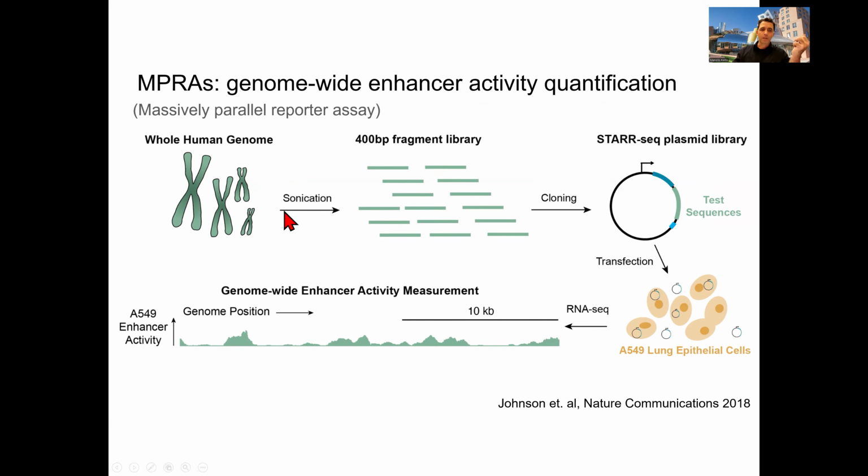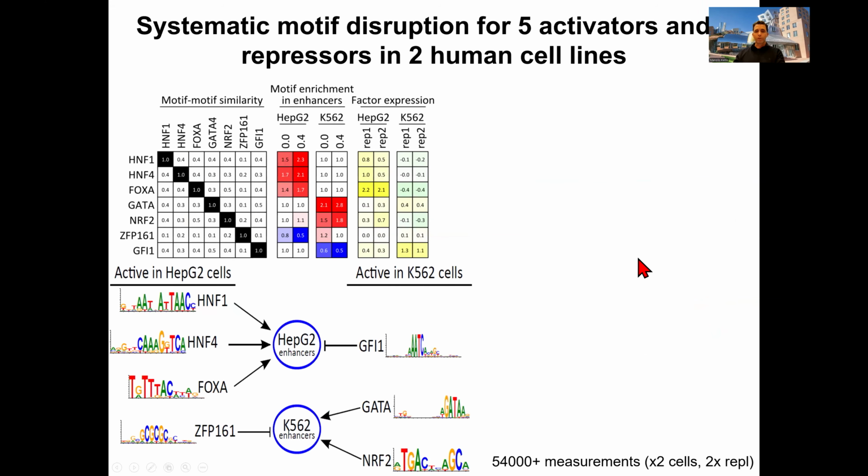By taking regions from the whole genome, fragmenting them, and then cloning them into small plasmid constructs that have some enhancer, some promoter, and then a test sequence that you're asking whether it's driving transcription or not. And that means you can simply measure a barcode associated with transcription and then know which of these fragments was actually responsible for that.